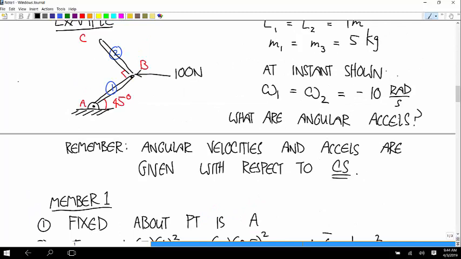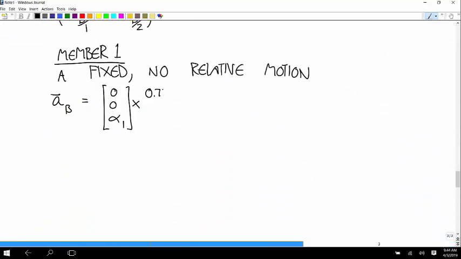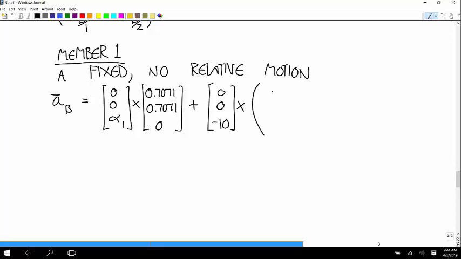So that's the vector from A to B: 0.7071, 0.7071, 0. Plus the angular velocity that's given at the start of the problem. So that's 0, 0, negative 10, crossed with the quantity 0, 0, negative 10, cross 0.7071, 0.7071, 0.